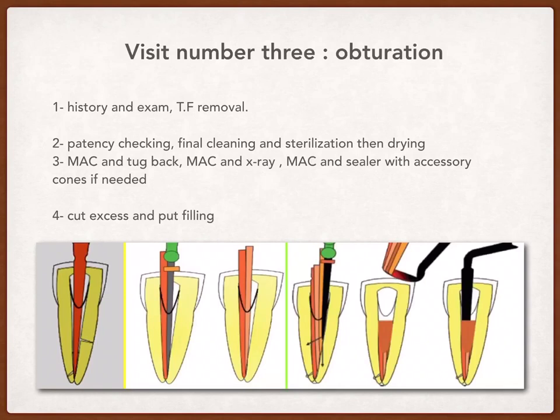After putting the MAC and having a tug back, we should take an X-ray and ensure that the MAC is in the correct position at the radiographic apex, either a little bit behind it, or it is possible to be behind it by half a millimeter or 2 millimeters, and that is normal.